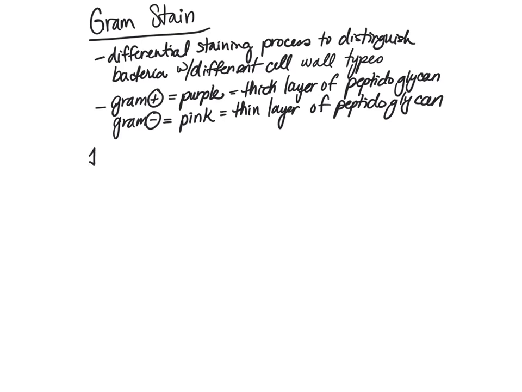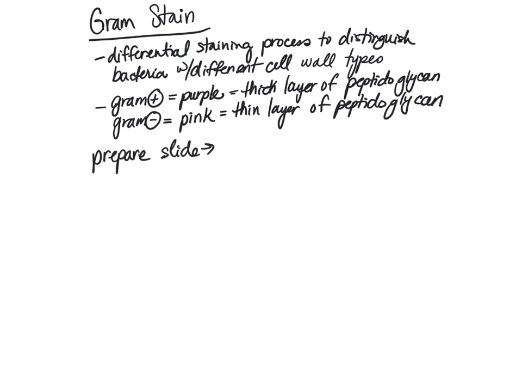So the very first step is that we are going to add crystal violet. So, actually prior to the first step, remember we have to do the preparation. So when we do a preparation for a gram stain, first you want to prepare the slide.